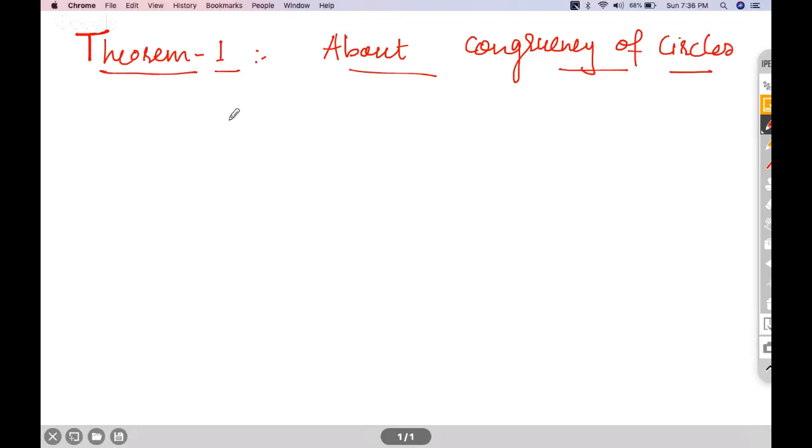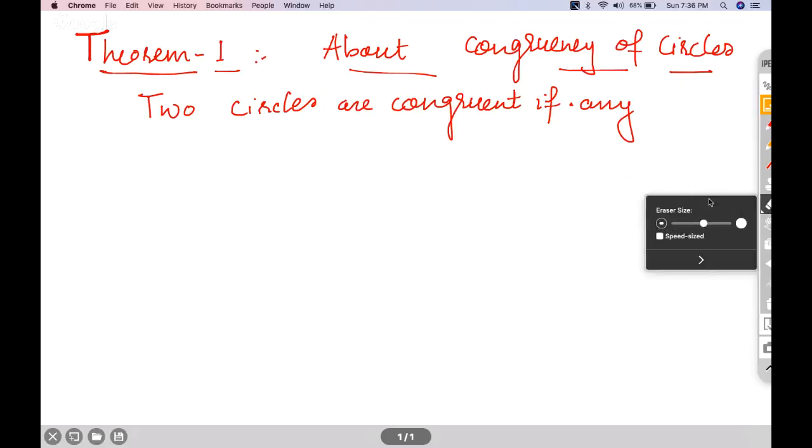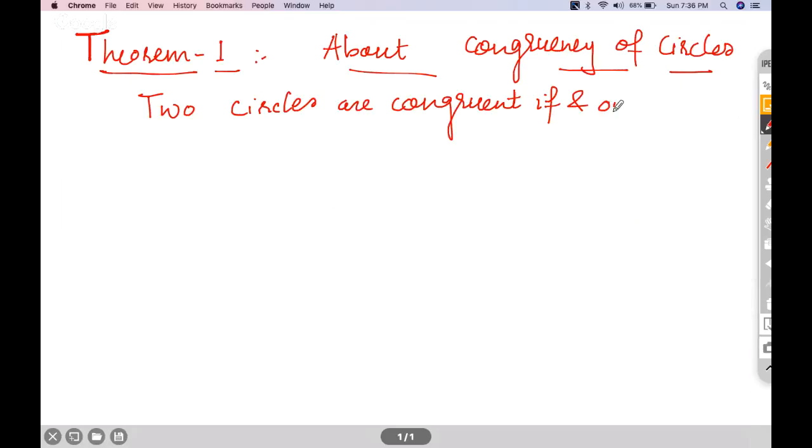It tells that two circles are congruent if and only if they have equal radius.